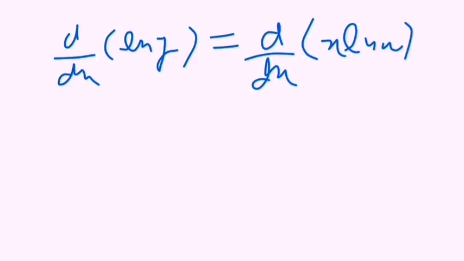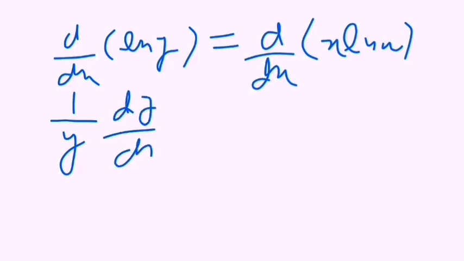Now this becomes 1 over y dy by dx is equal to x times derivative of natural log x, which is 1 over x, plus derivative of x, which is equal to 1.